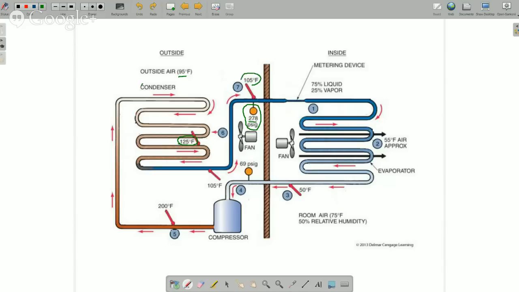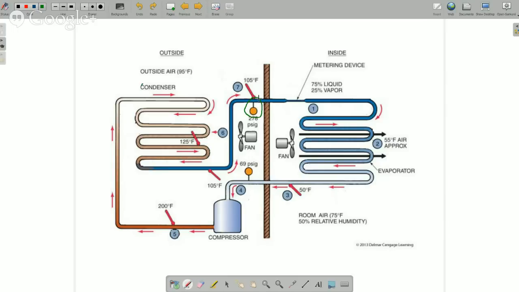And that gets confusing for some new technicians. So what you have to think about is when you hook your gauge up to the liquid line or the high side, you need to picture in your mind that you are measuring the temperature at the exact center of the condensing coil. You're looking at what's happening in the center of the condensing coil. You're not looking at what's happening here where your gauge is connected.